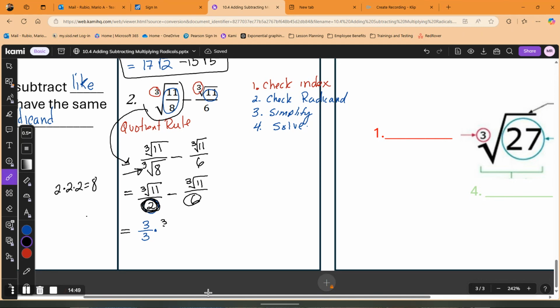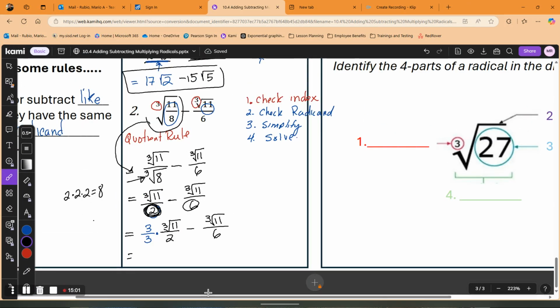Okay, so remember, this is still the cube root of 11 divided by 2. I didn't do anything to the second term, so I leave it the same. 3 times the cube root of 11 equals 3 cube root of 11, so this is a multiplication there, divided by 3 times 2 is 6.